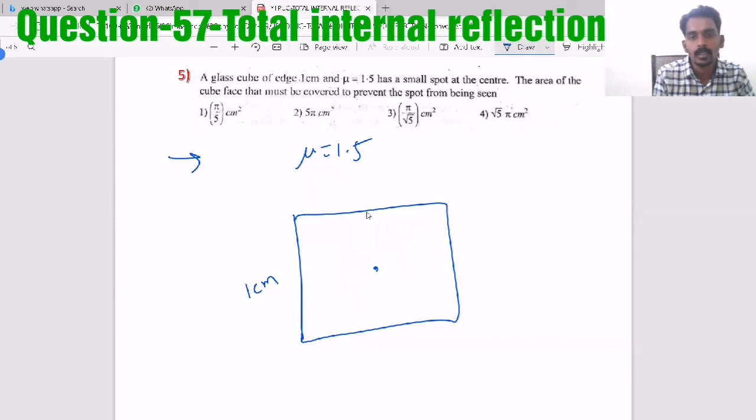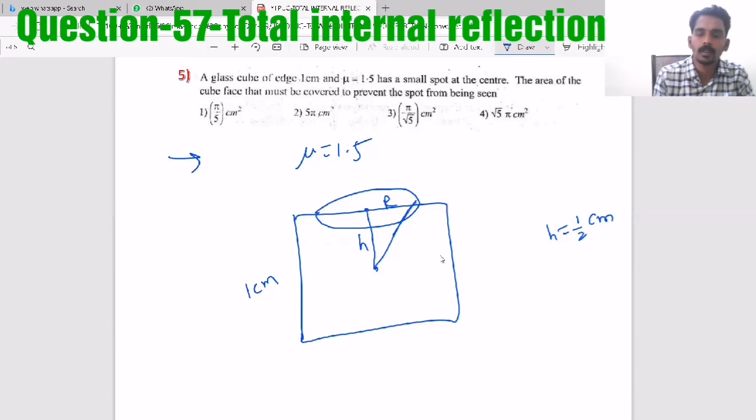Now the spot is at center. So the depth is h, where h value is 1 by 2 centimeter. Now you have to cover it with some circular area of radius r, as we have seen the formula. So the mu equal to r by under root r square plus h square.